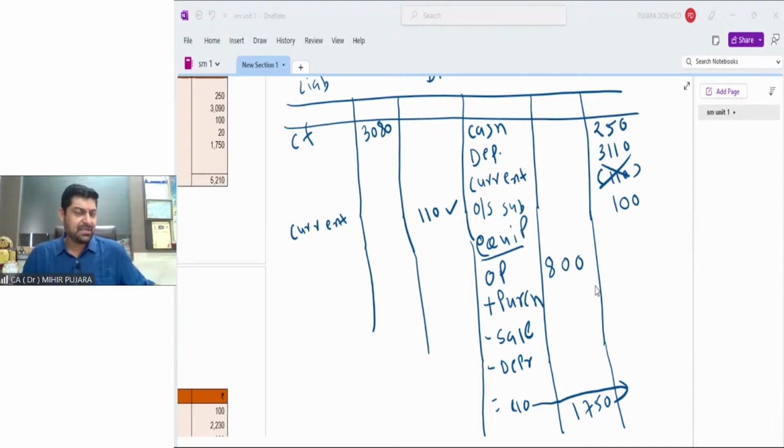As we discussed, purchase will be on the payment side, sale will be on the receipt side. We have also marked it by 4 in the last session.